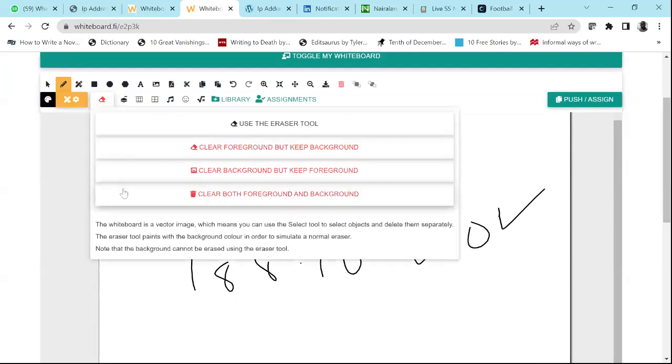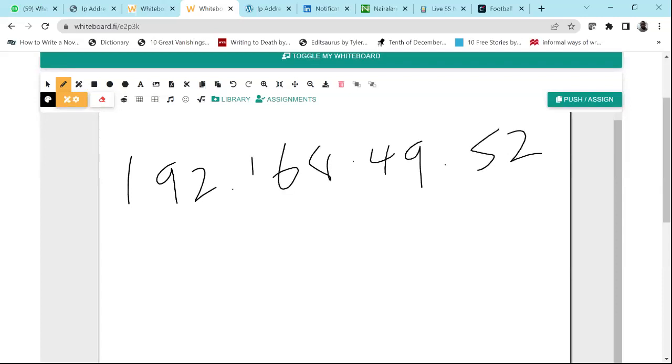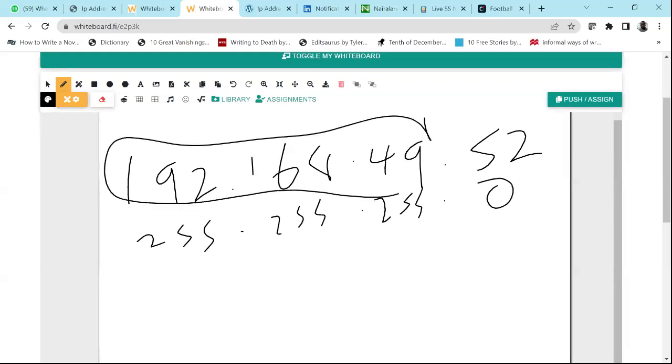Yeah, exactly, that's what I wanted to find out. And say we had 192.168.49.52 with a subnet mask of 255.255.255.0. It will belong to the 192.168.49.0 network, right? Yes.